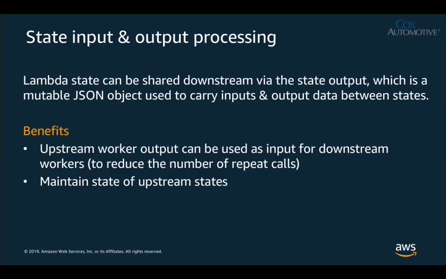Okay, so this way, one downstream Lambda function can see what was the output of an upstream Lambda function, and it can use this as parameters, as we will see in a couple of slides. And you can also maintain a log of all the states that the Lambda functions had, right? So you keep a log, literally, of the execution for that step function.